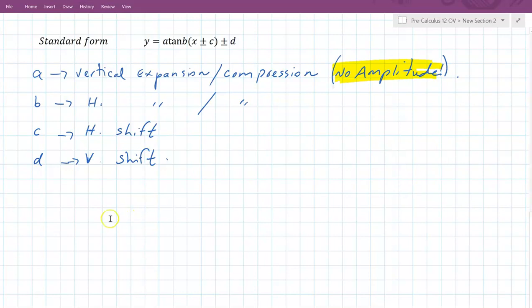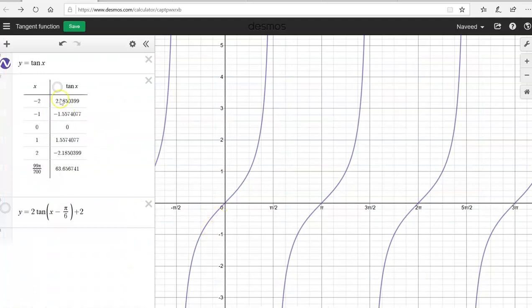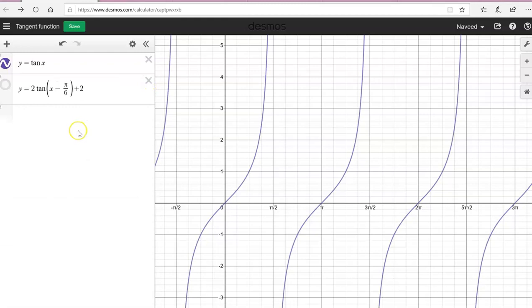Okay, so we're gonna do a quick graph on Desmos, and then that would be it. Okay, so this is the graph of tangent of x. We already had that. We don't need to have coordinates on them. And then this is the equation that we're gonna graph, and notice that again, vertical expansion by a factor of 2. All these values on the graph just double, and then there's a shift towards the positive pi over 6.